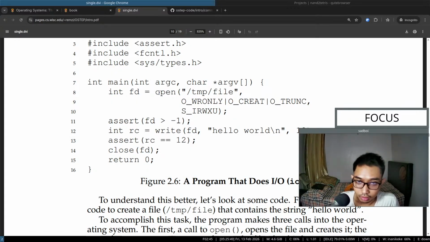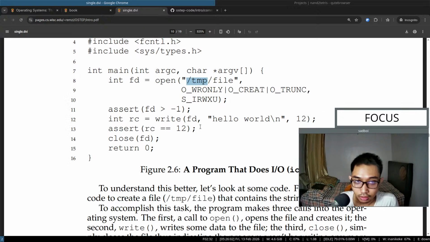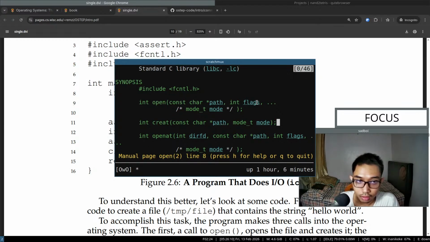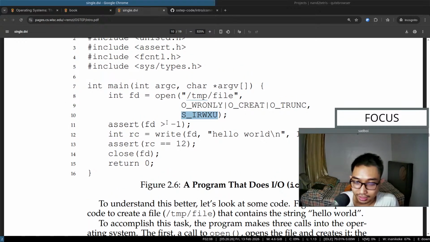We open a temporary file, or to be precise, a file in the /tmp directory. And then, oh, this is the flag we provide. And then this one is mode. I am still not sure what this mode does.